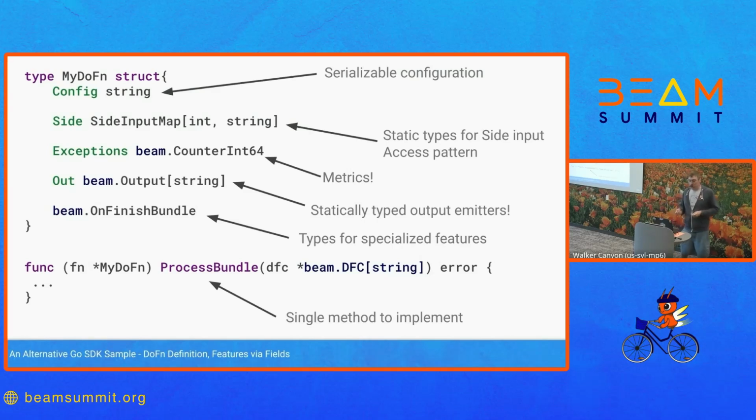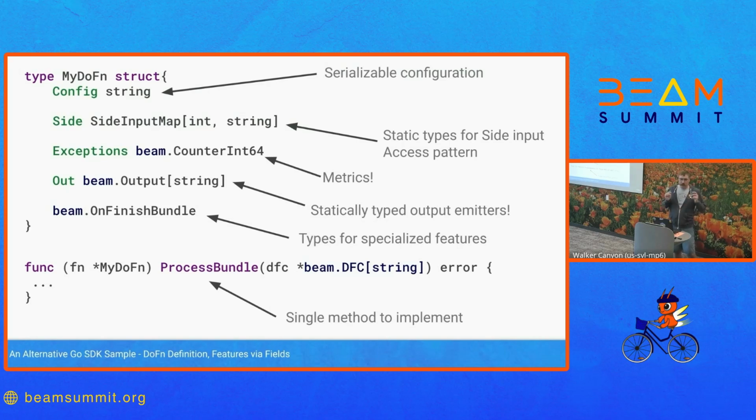Output types or emitters also become fields in this model where we statically type them, and there's a method on top of that in order to actually emit things downstream. But also types for specialized features, which in this case I call out as OnFinishBundle, which is what currently I have as the finish bundle construct, and you'll see why in a second.